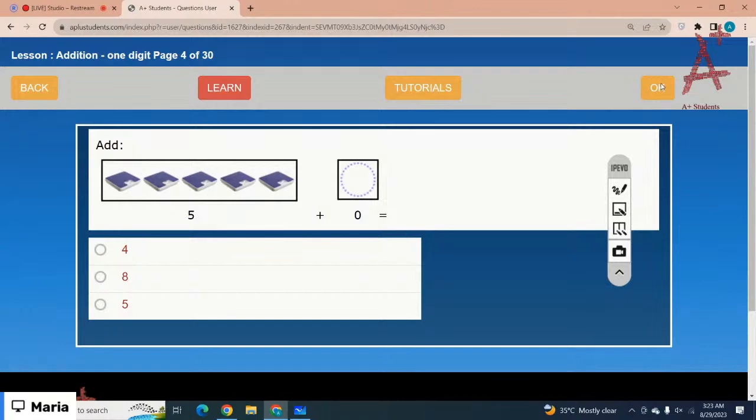Add, which is the correct option. If you already know the answers, you can please write down the answers in the chat box. So when you add 5 plus 0 makes 5. The correct option is 5.